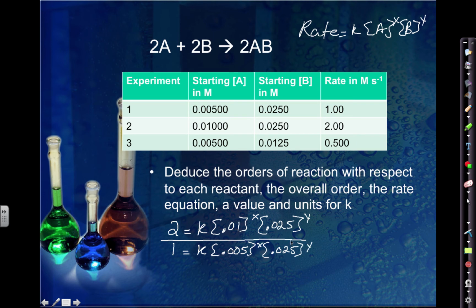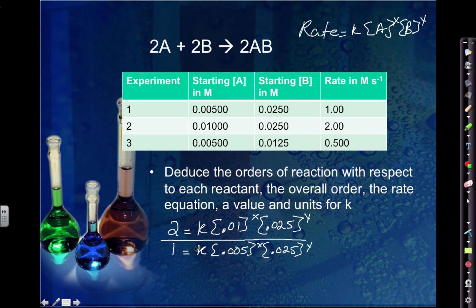All right, so this is what I do. I take one experiment and I plug in the values that I know for the rate expression, and then I divide it by another experiment using the data that was provided. I always pick the larger rate to go on the top and then divide it by the smaller one. Mathematically, it's just easier.